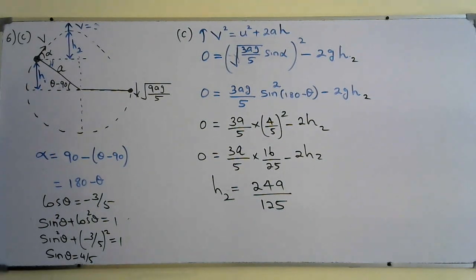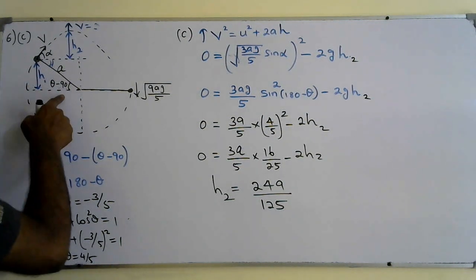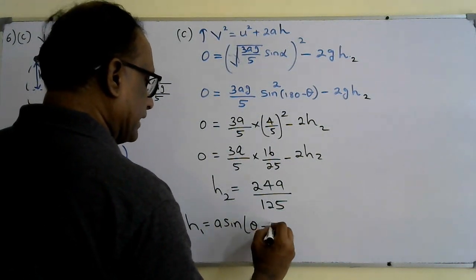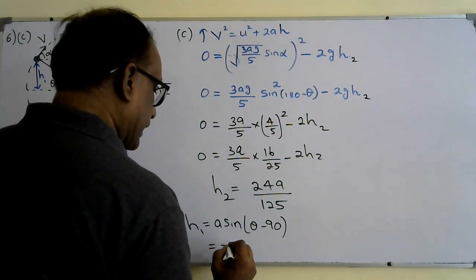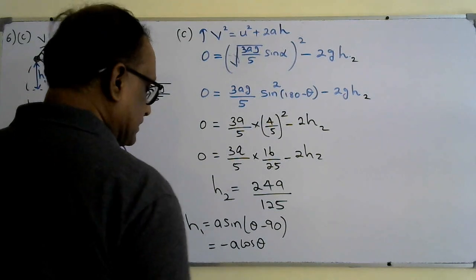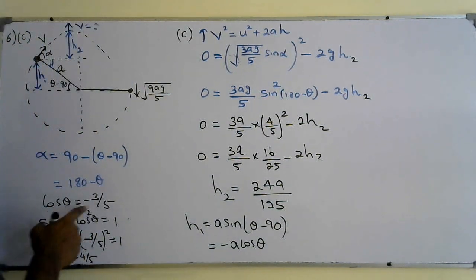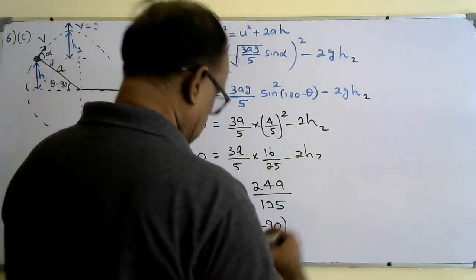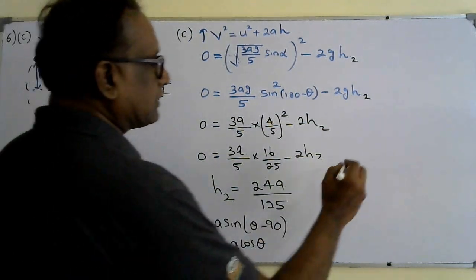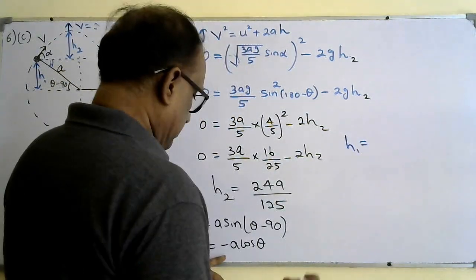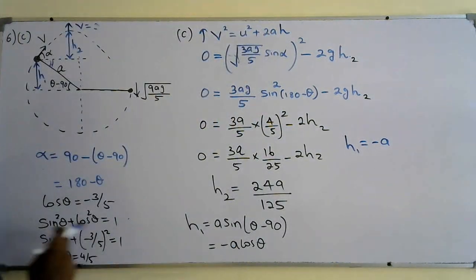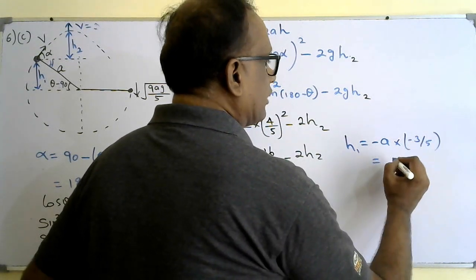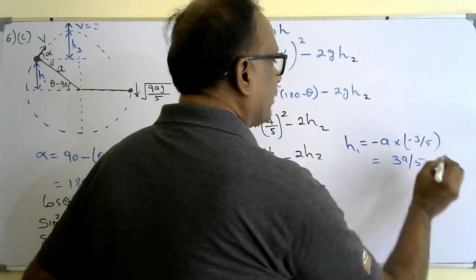But how much is h1? We need to find h1 also. h1 is equal to a sine of theta minus 90, so that will be minus a cos theta. But cos theta equals minus 3 by 5, so h1 is equal to 3a over 5.